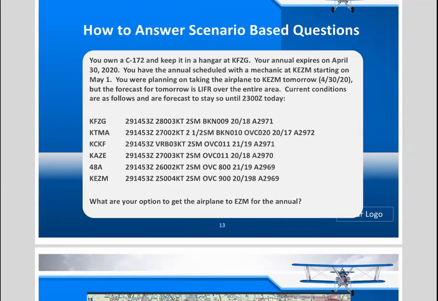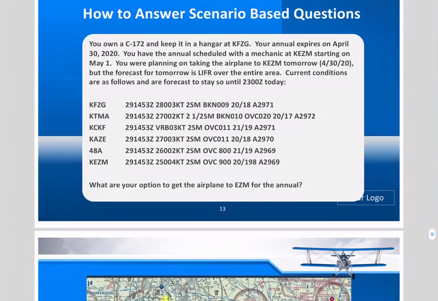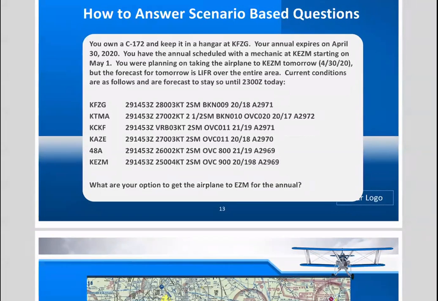These are METARs, and it's going to make more sense when you see where these airports are, but pretty much everywhere we've got about 2 miles visibility and clouds between 800 and 1100. What are your options to get the airplane to EZM for the annual?